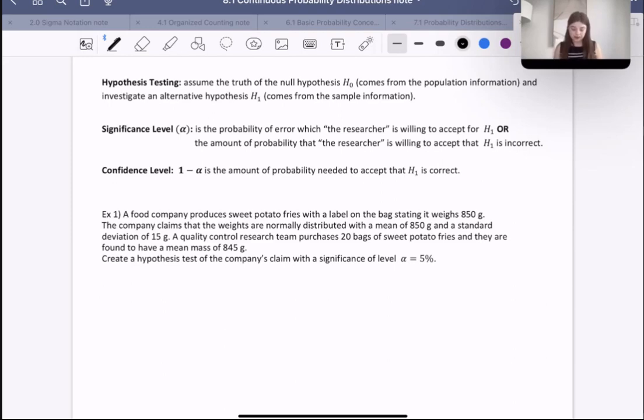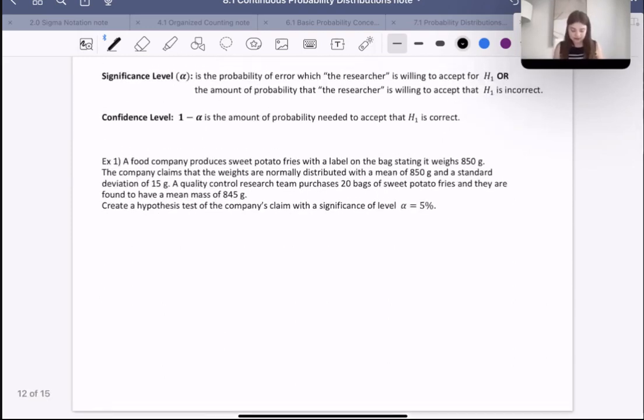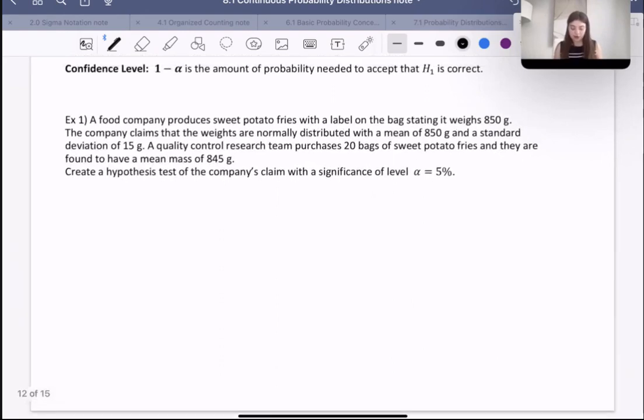So let's go ahead and do this example. It says, example 1, a food company produces sweet potato fries with a label on the bag stating it weighs 850 grams. The company claims that the weights are normally distributed with a mean of 850 grams and a standard deviation of 15 grams.